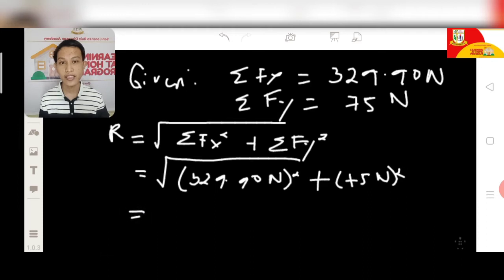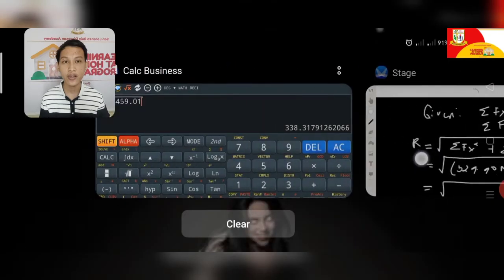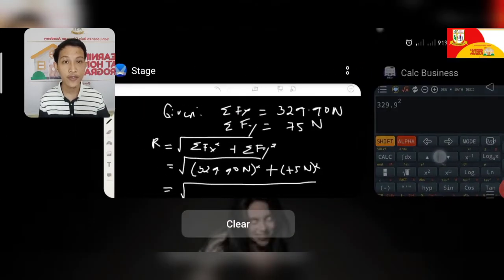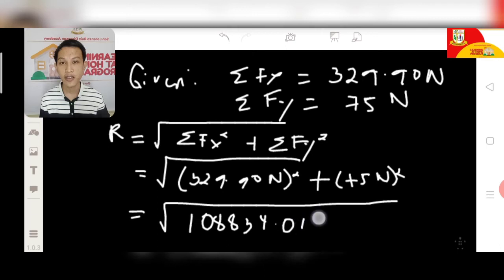Okay, so we will get their square values of 329.9 and 75 newtons. So we have 329.9 squared is equal to 108,834.01. You will have to write that in full. Again, 108,834.01 newtons squared.